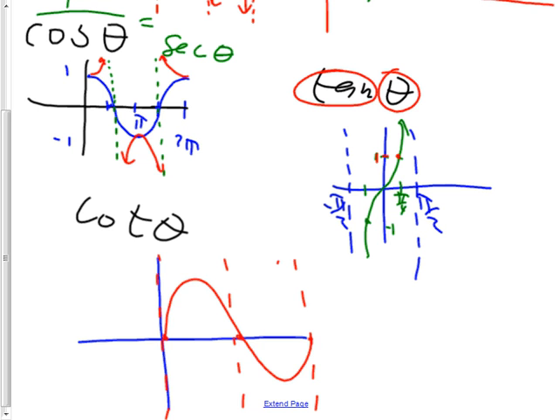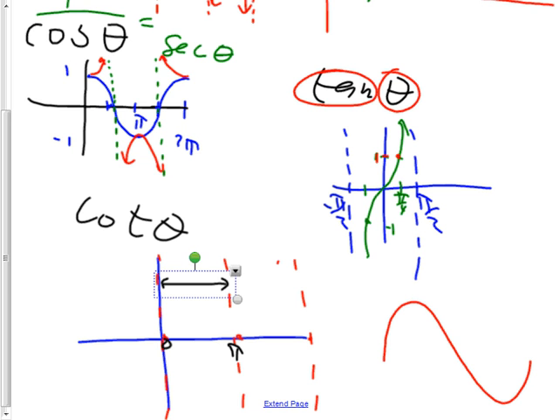So if I take this original out now and say, where should cotangent be? It'll be inside those asymptote lines. And once again, it's 1 pi for its period. So this is going from 0 to pi. And cotangent goes down the whole time. So cotangent would be like that.